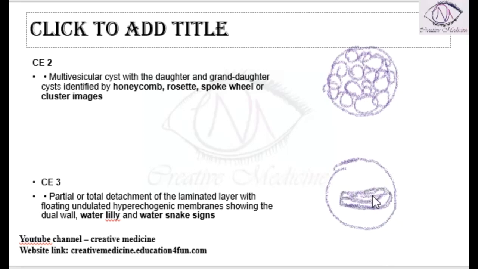So this is the floating hyperechogenic membrane, where two walls are seen. This is the water lily sign, or water snake sign. The laminated layer floating in the cyst gives this sign.